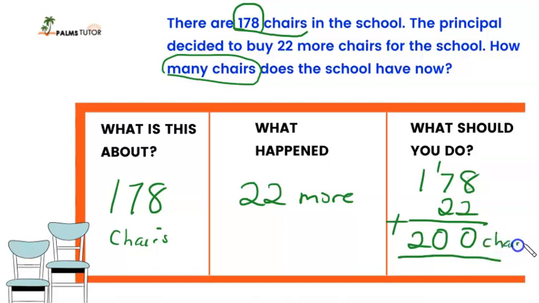Always put the units or whatever it is that the question is all about. We have 200 chairs in the school. I usually like my students to even write it out in words. We now have 200 chairs in the school. Okay, so that's example 1. Let's see another one.